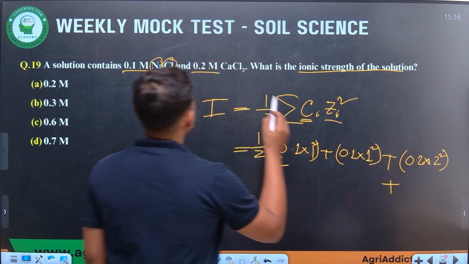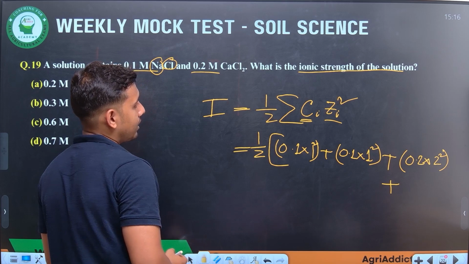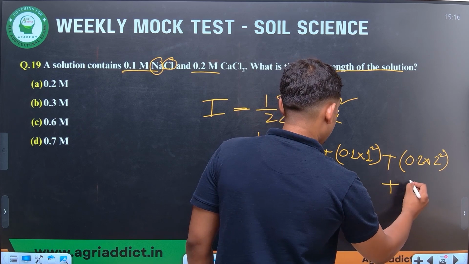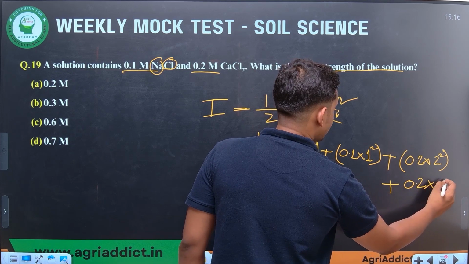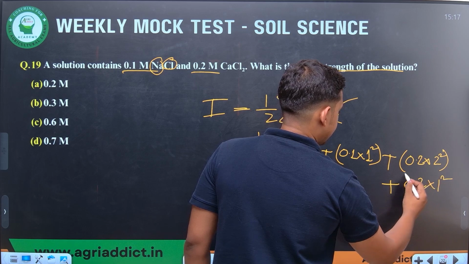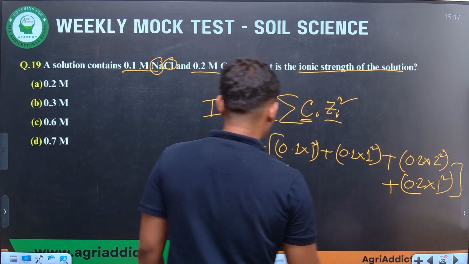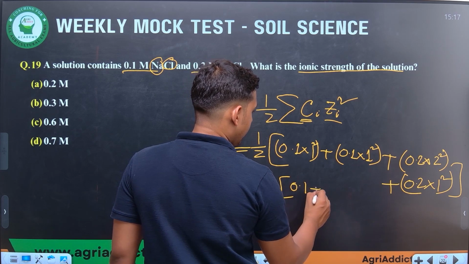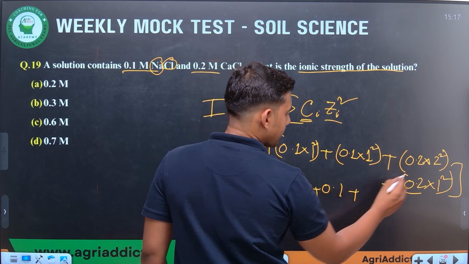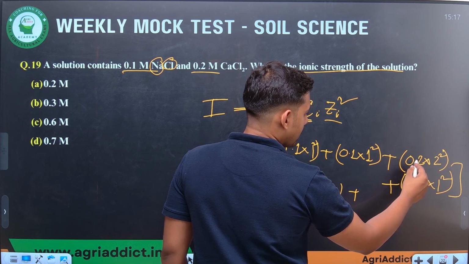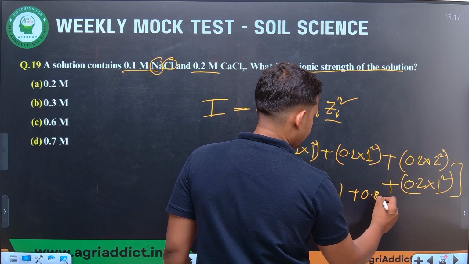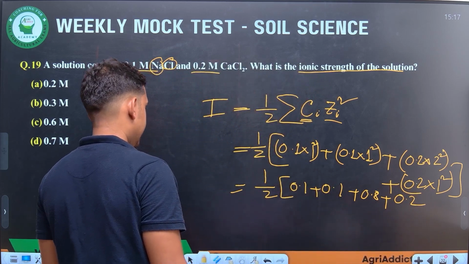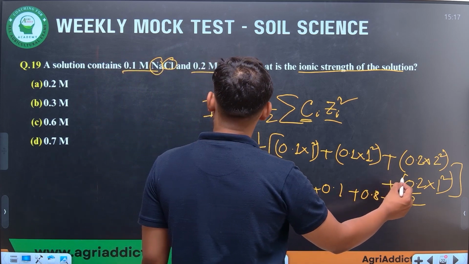Now chlorine. What is the concentration? 0.2, into chlorine valency 1. What will we get? 0.1 plus 1 plus... No, some mistake I have made.